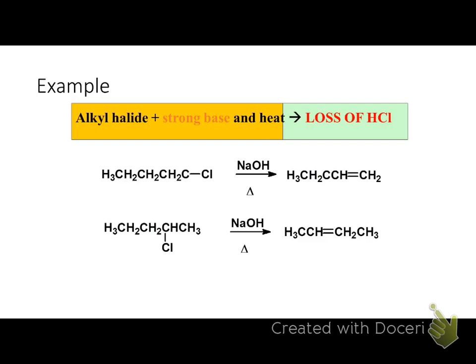Generally speaking, if you look at this, OH minus is a good nucleophile. So this could be SN2 because that's a primary alkyl halide. This could be SN2 because it's a good nucleophile and a secondary alkyl halide.